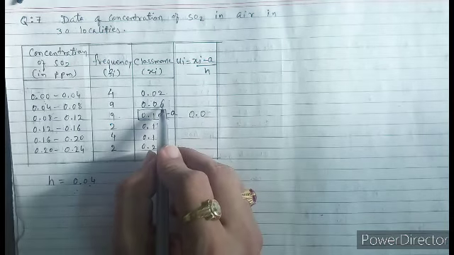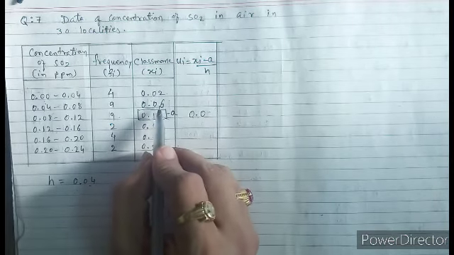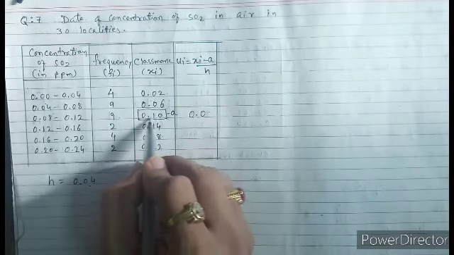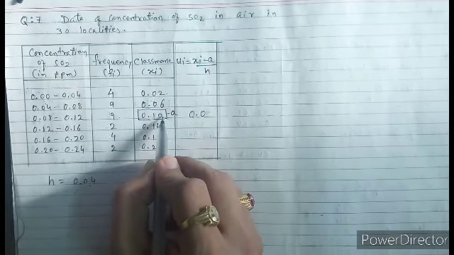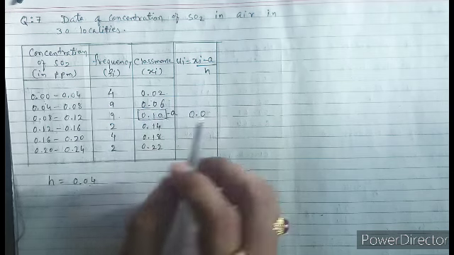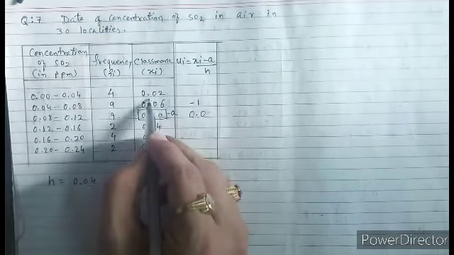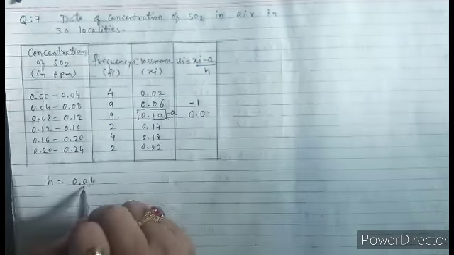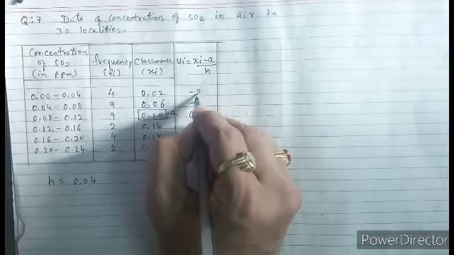Next, for this term, 0.06 minus 0.10, xi minus a. 6 minus 10 will be minus 4. So it will be minus 0.04 divided by 0.04, it will be minus 1. Then 0.02 minus 0.10 is minus 0.08 divided by 0.04, it will be minus 2.